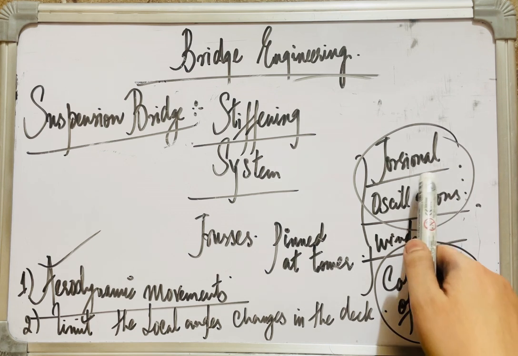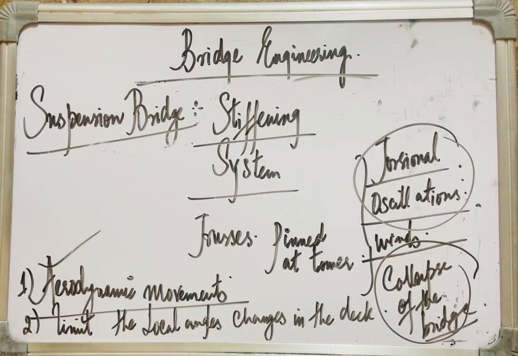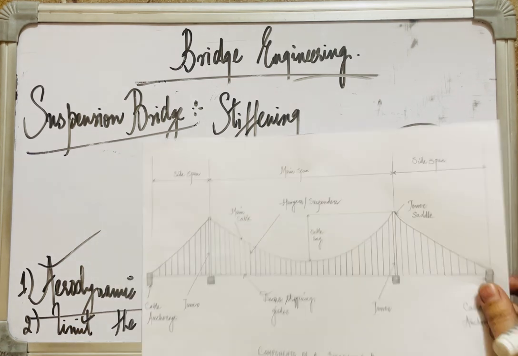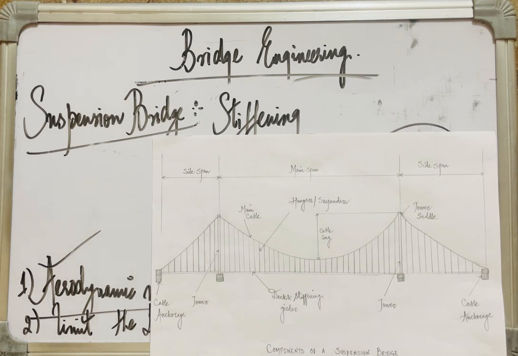That is why this has to be taken care of, especially in case of suspension bridges, because high speed winds can cause torsional oscillations which can lead to the collapse of the bridge if we have an inadequate stiffening mechanism. That's why the deck and the stiffening system, or the deck and the stiffening girder in case of suspension bridges, need to be quite adequate, and that's why we use steel box girders in the deck, which have the excellent advantage that they have high torsional stiffness and they can be of use in certain areas.